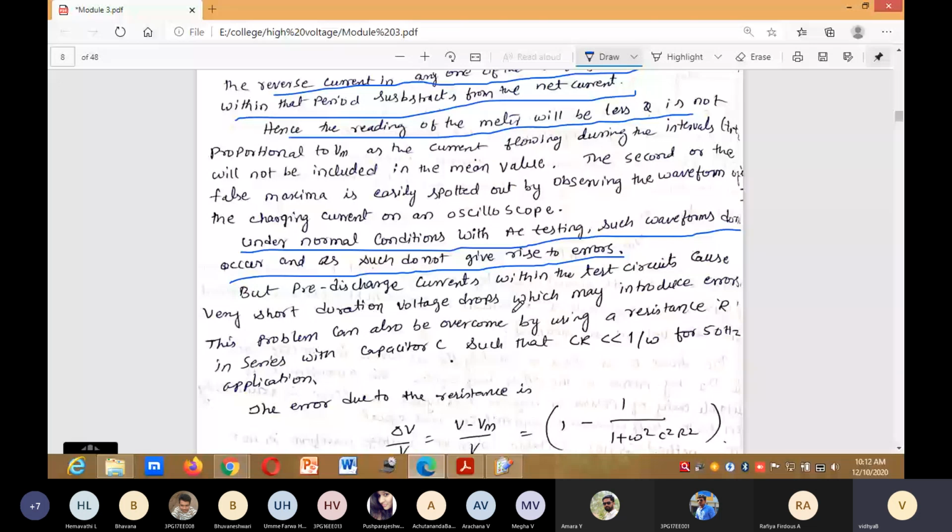This problem can also be overcome by using a resistance R in series with capacitor C, such that CR is less than 1 divided by omega for 50 Hertz application.